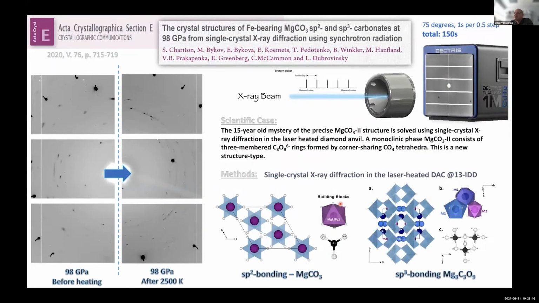Another example, from melting to single crystal, that Stella did, is to study material and try to understand what the structure is, especially of low symmetry material at high pressure.